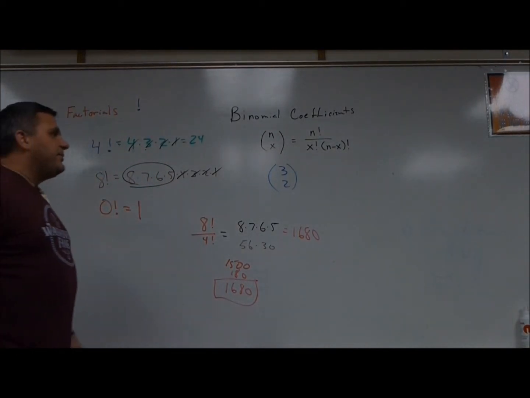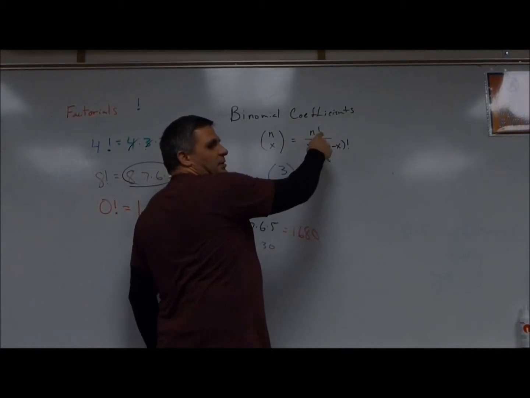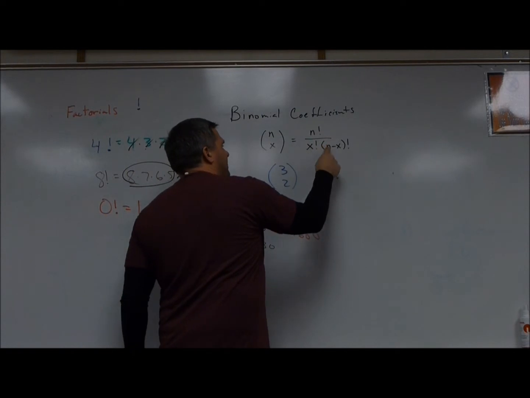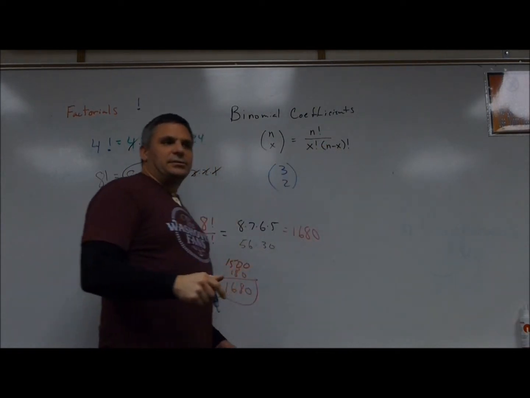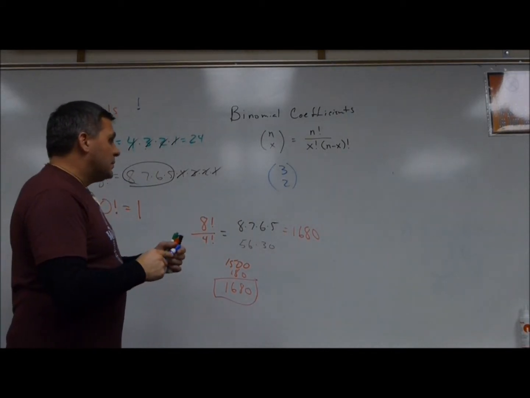The formula is n factorial over x factorial times n minus x factorial. Plug it in the formula.